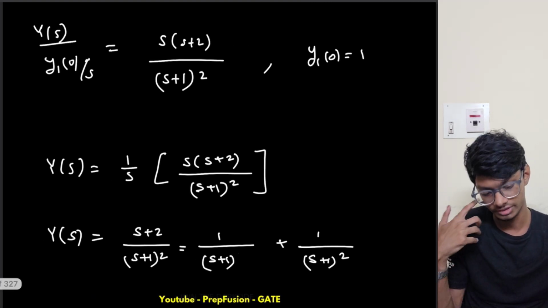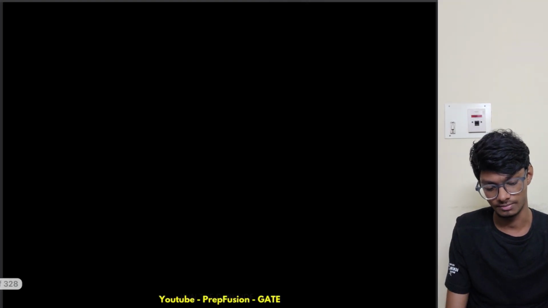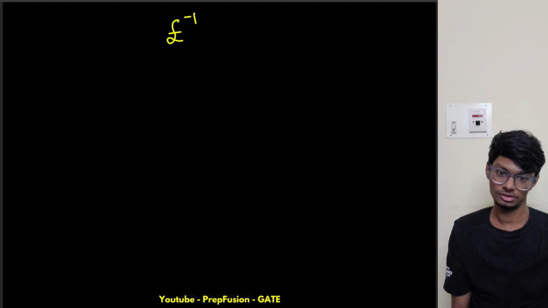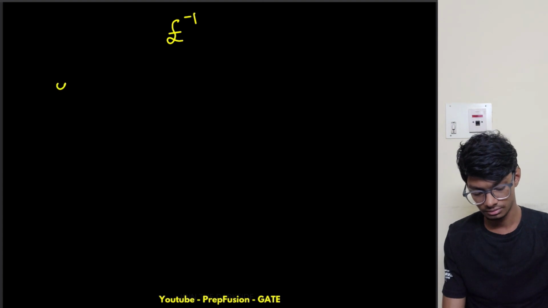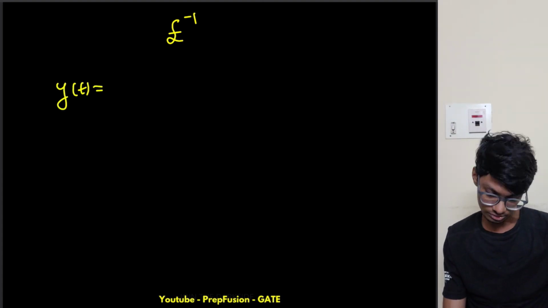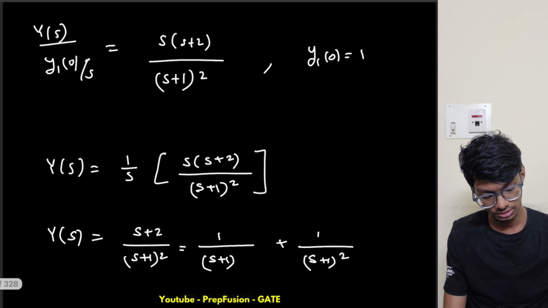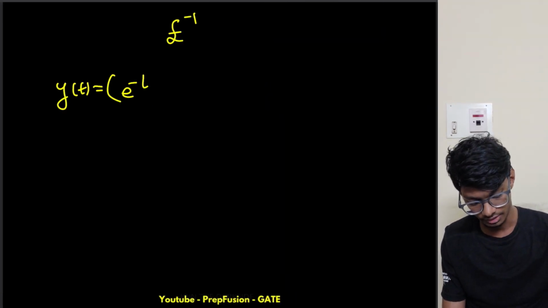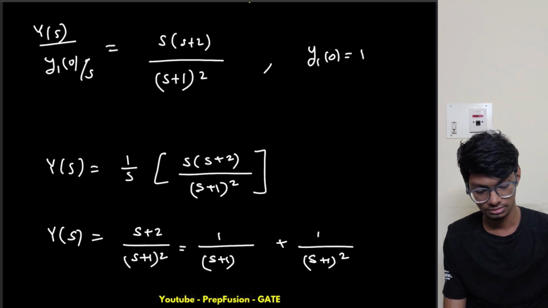Now I have to find the time response, so we take the inverse Laplace. Y of t is simply equal to, if I take the inverse Laplace, this is exponential only, e raised to power minus t, but this is ramp only.